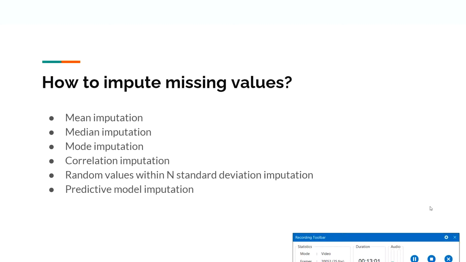Fill C in the places where you have missing values in the given column. Alright. So that's what happens in mean imputation. And in median imputation, instead of filling with the mean value, you take the median of the remaining data and fill with the median value. In a similar way, in mode imputation, we take the mode of the remaining data and use that mode as a value to fill in the missing rows in a given column.